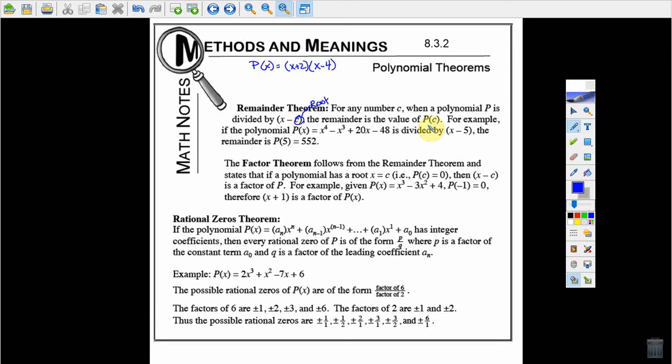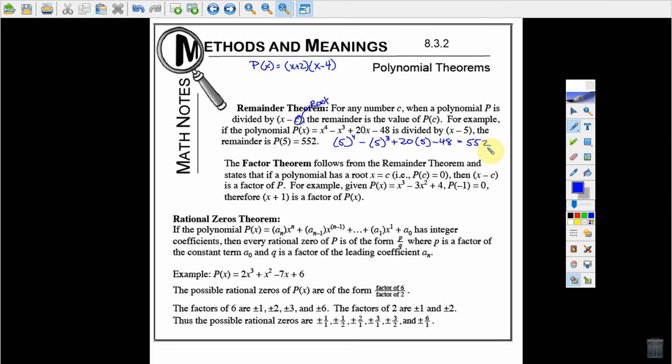For example, if the polynomial p of x equals x to the fourth minus x cubed plus 20x minus 48 is divided by x minus 5, the remainder is 552, and we know that because 5 to the fourth minus 5 to the third plus 20 times 5 minus 48 equals 552.